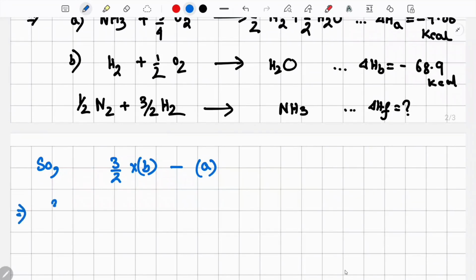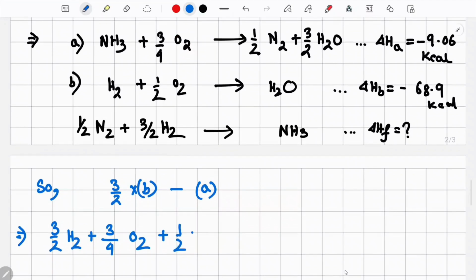Then it will be 3 by 2 H2 plus 3 by 4 O2 giving 3 by 2 H2O. From here it will be 3 by 2 H2O.